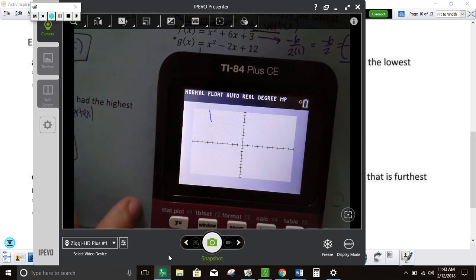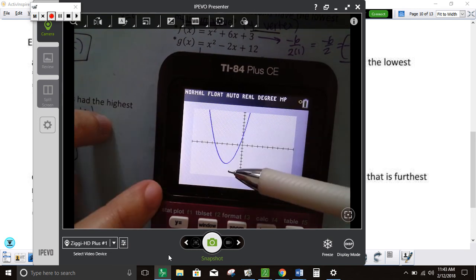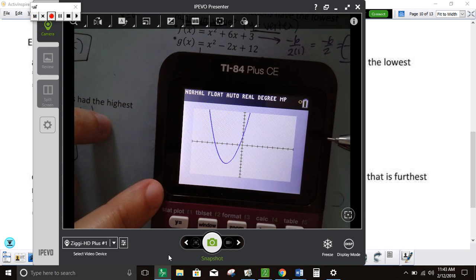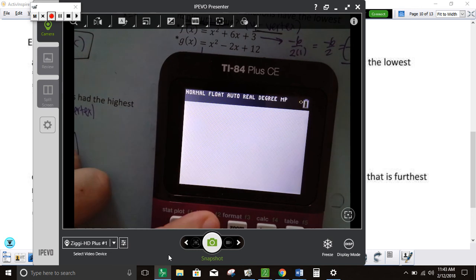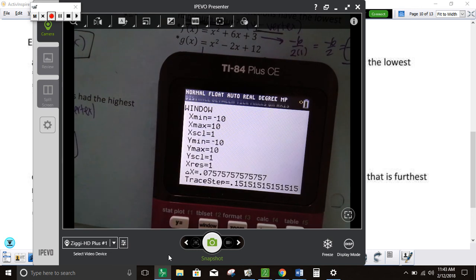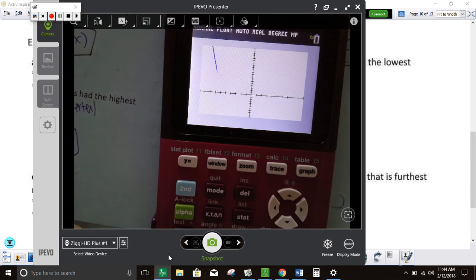Let's make sure the one's coming down here. The other one you can't even see because it's too high. So if you change your window so you can see a little bit higher, there's one function, and the other one is right there. So which one has the lower? The f function does.